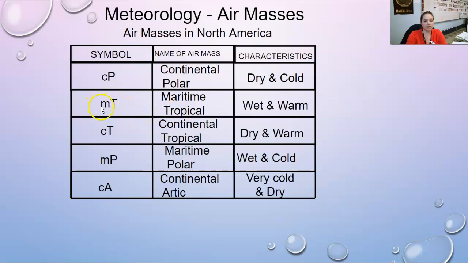So water is wet, T is warm or hot, wet and warm. cT: c, continental, T, tropical. c is dry, T is hot. mP: m is water, maritime, P is polar. So m, maritime, wet. P, polar, cold. And then cA, that c is continental, A, Arctic, very, very cold and dry.